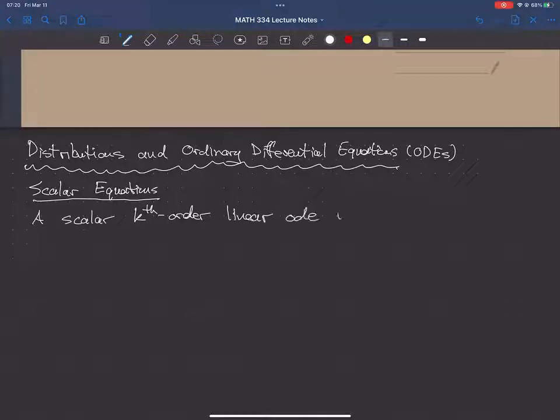kth order linear homogeneous constant coefficient ODE. There's a lot of simplifications happening with these equations.